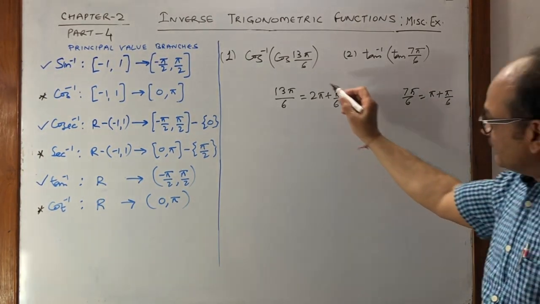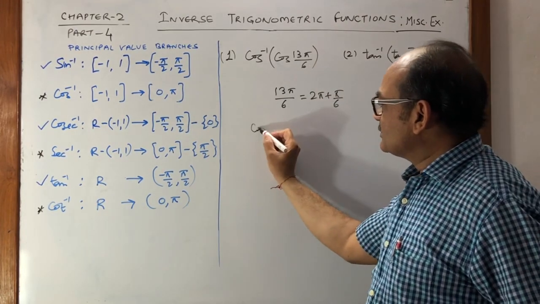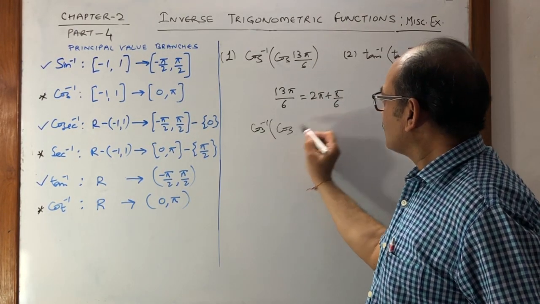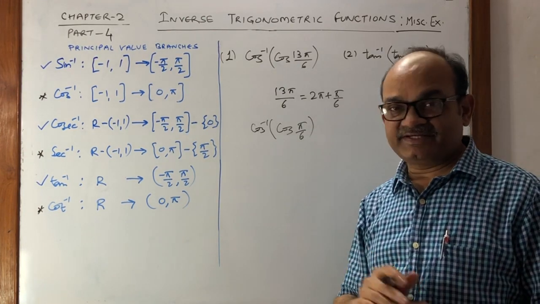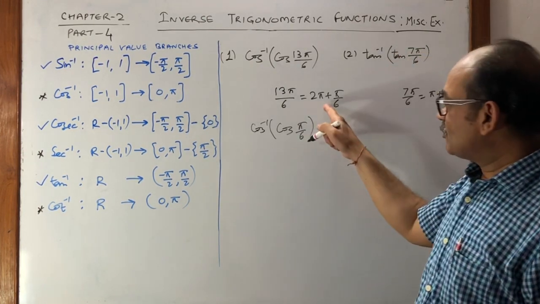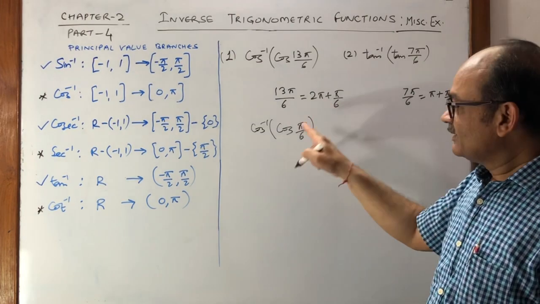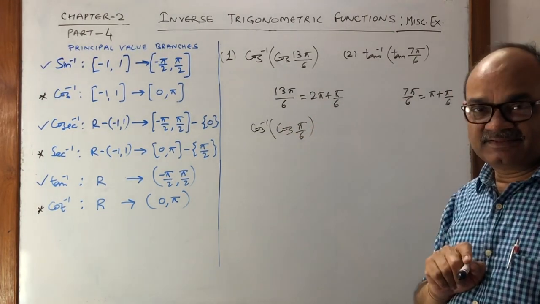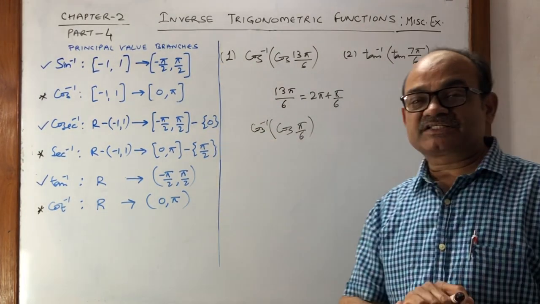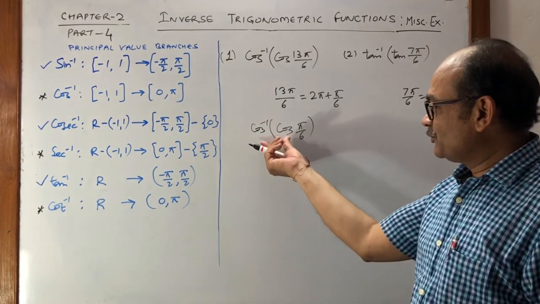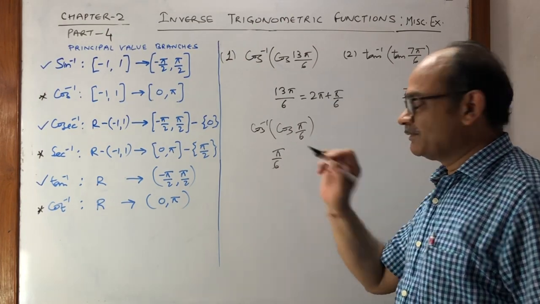Now, this we can write simply as cos inverse cos pi by 6. You know from your class 11th ASTC system, it is in quadrant number 1. That's why the answer is cos pi by 6. And now you know cos inverse and cos, when they are in the particular principal value branch, these two neutralize, and the answer is pi by 6.